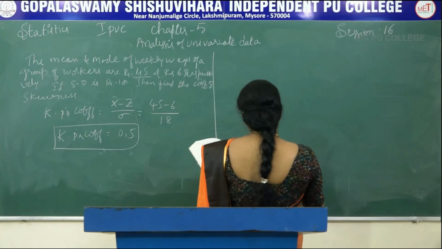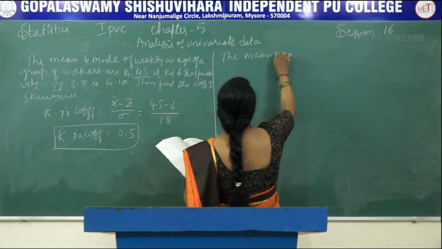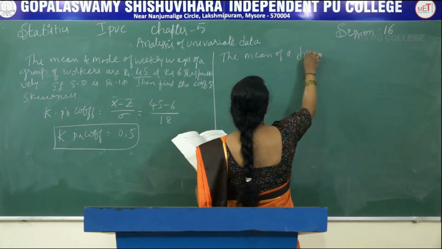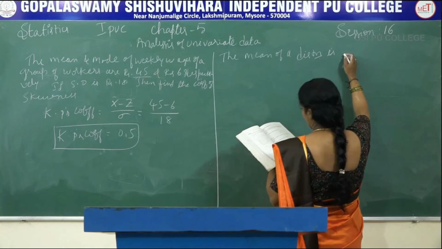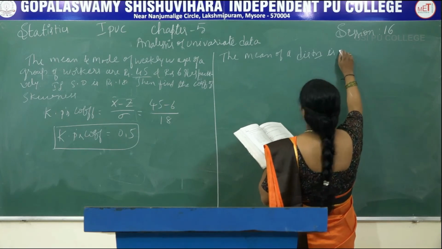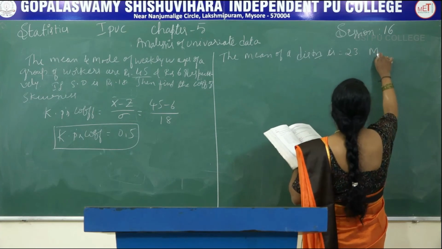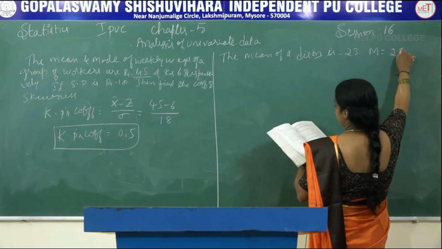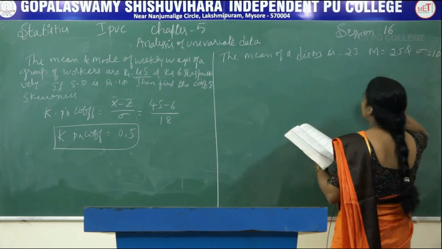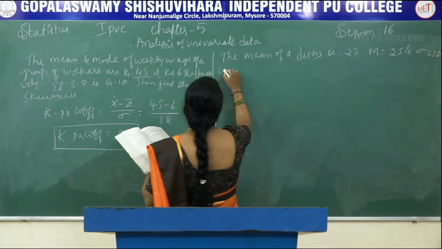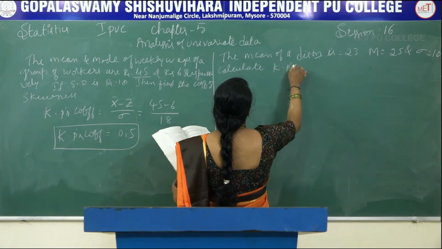Next, the mean of a distribution is 23, median is equal to 25 and sigma is equal to 10. Calculate Karl Pearson's coefficient.